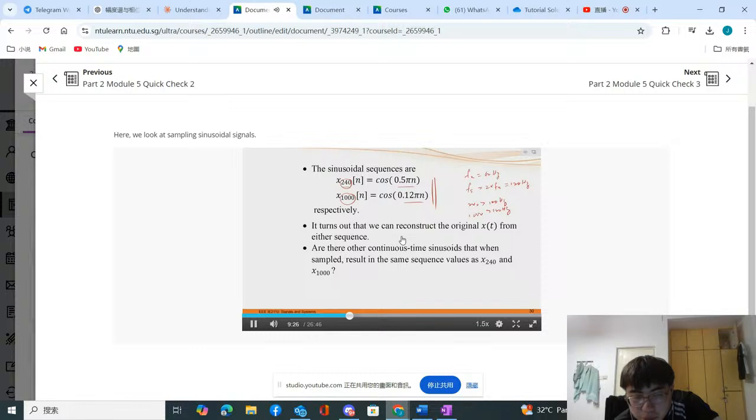So the question to be asked here is: are there other continuous time sinusoids that, when sampled, result in the same sequence values as x240 and x1000? And it turns out that yes, there are many other sinusoidal signals, as long as the frequencies are fa plus or minus the sampling frequency, or fa plus or minus 2 times fs, and so on and so forth.